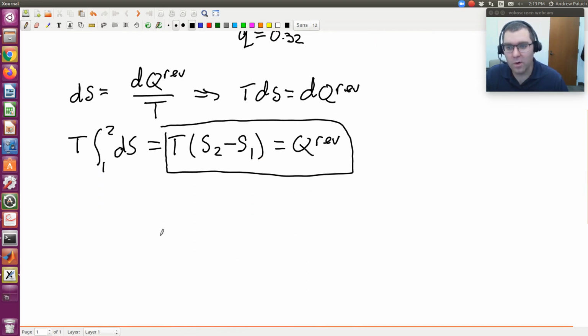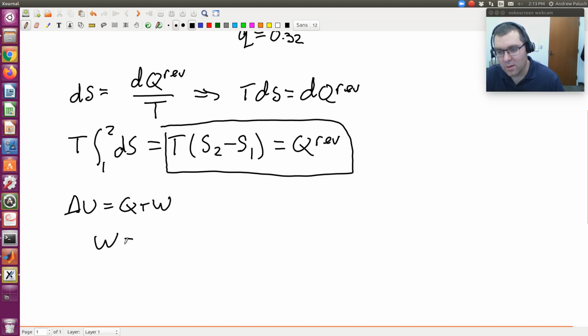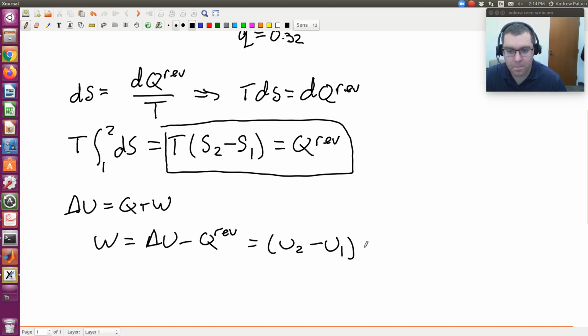And then to get work, I'll go to my first law balance. The first law is delta U equals Q plus W, or W is equal to delta U minus Q, where I'll take Q to be my reversible heat exchange, which I just computed. And delta U is U2 minus U1, minus Q reversible.